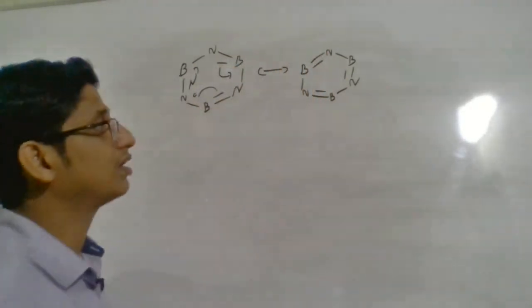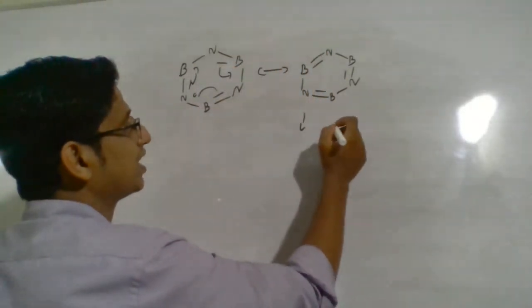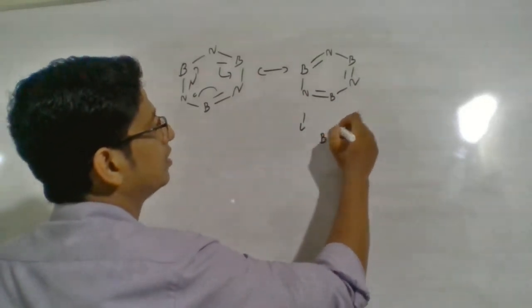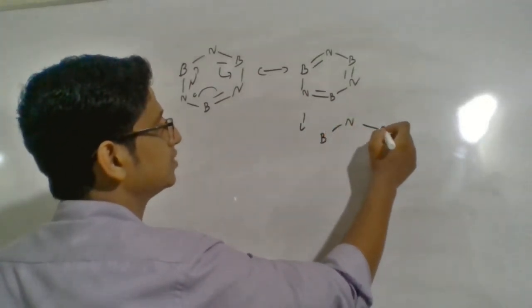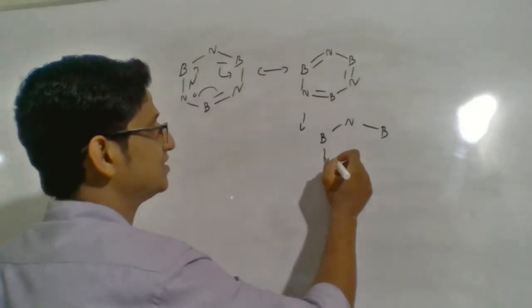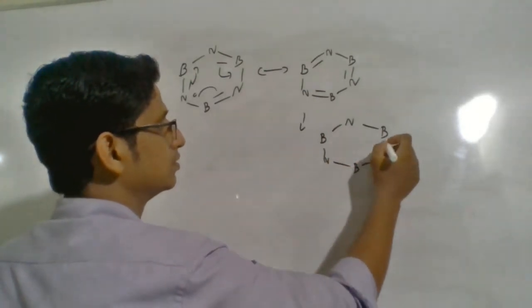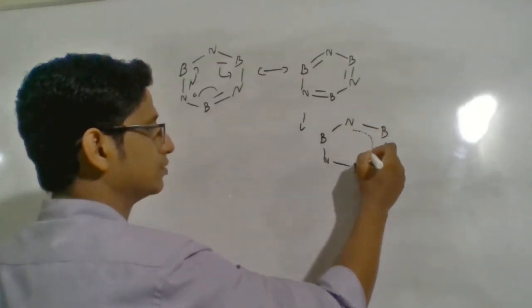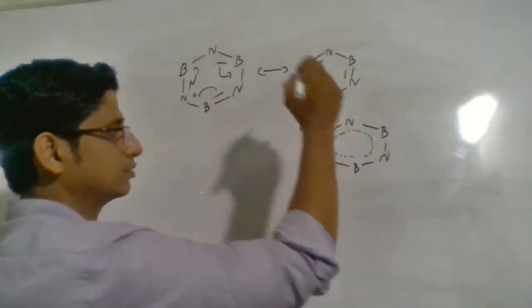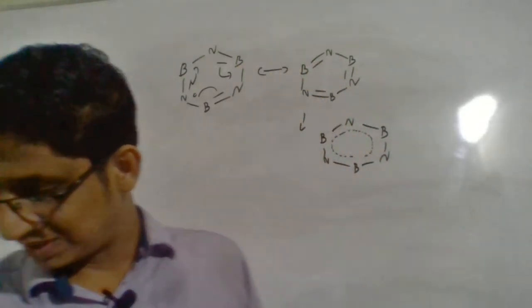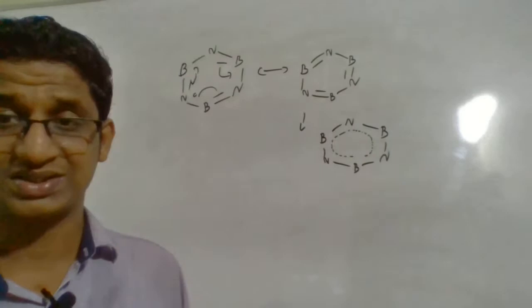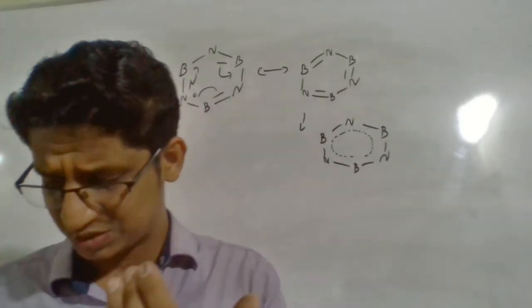So these are the resonating structures and the resonance hybrid. You can draw it like this, like we do in benzene. So that's all about borazine and its structure.